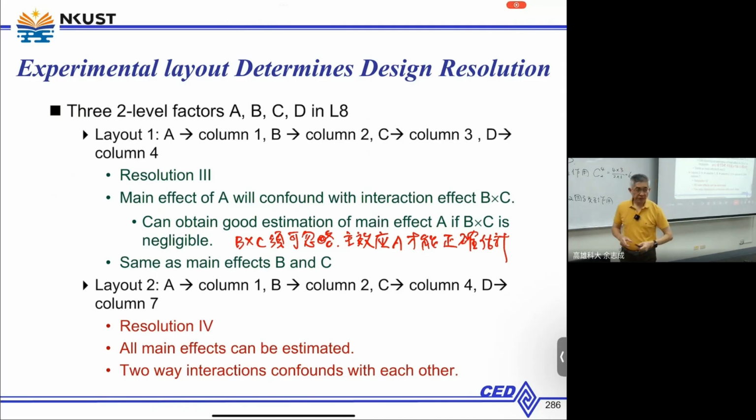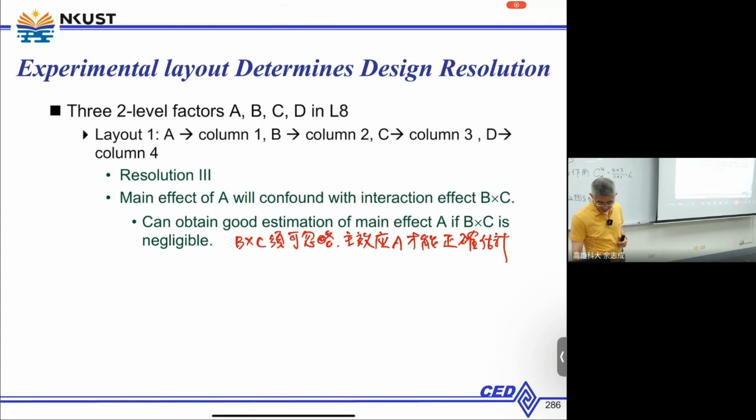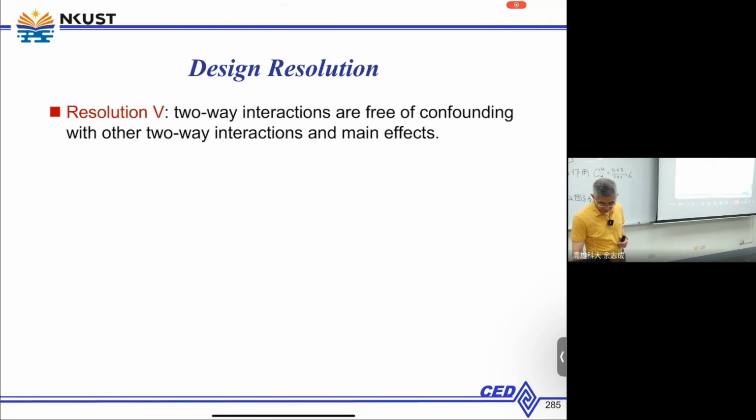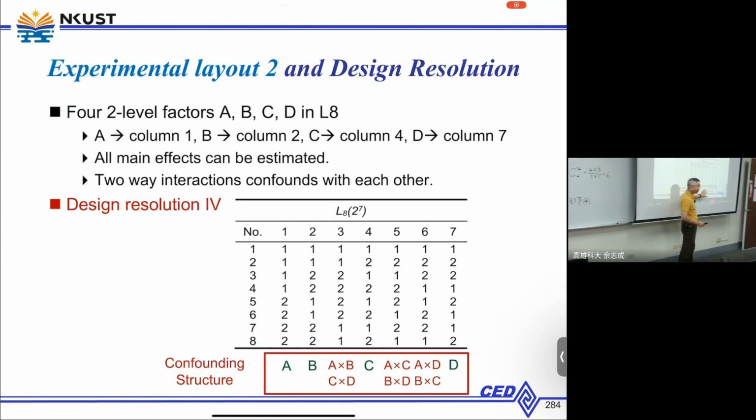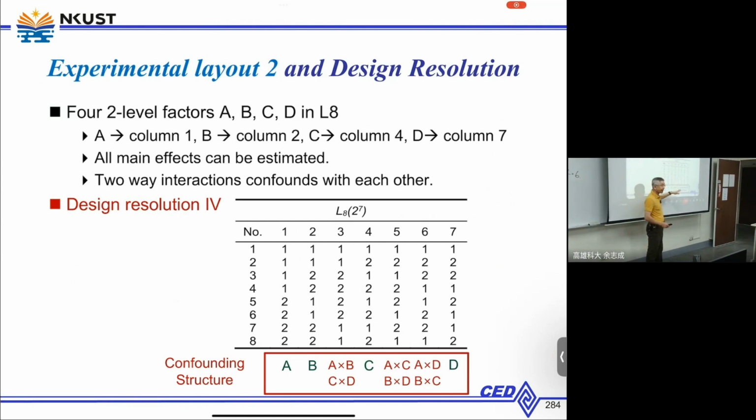Therefore, if you want to analyze the two-way interaction, the other interaction must be negligible. Or you should say only one interaction can be analyzed. You need to make sure which one is important and which others can be neglected. You have to know that in advance before you do the analysis.